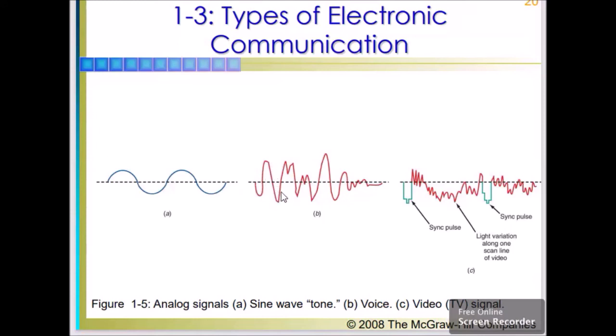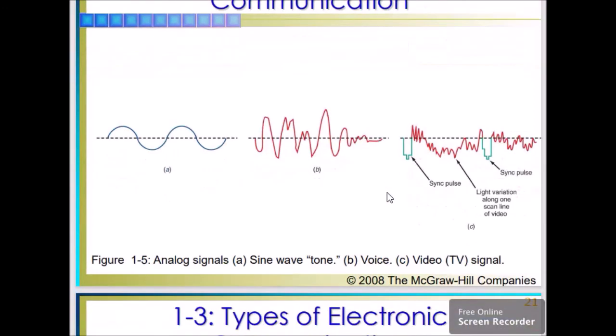Ganito usually yung itsura ng voice, signal ng voice. So ito, still, continuous po ba? Oo, continuous siya. 'Di ba? Analog din to. Ito, continuous ba? Continuous din naman, 'di ba? Hindi naman siya putol-putol. So this is also an analog. Kaya ganito yung mga itsura ng signal sa analog.